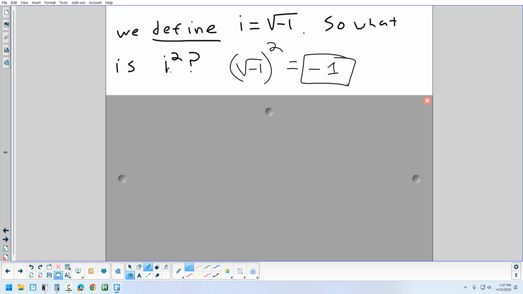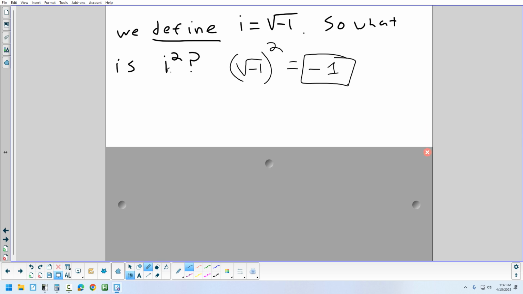If it was a multiple choice, if you show your work on it, you might get partial credit. But if it's a short answer, you could get partial credit. Short answer, it's more likely for partial credit than multiple choice. So any question on that? i squared always turns into negative 1.